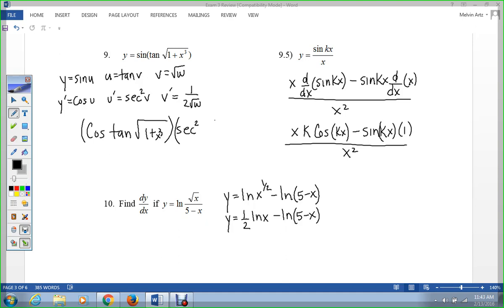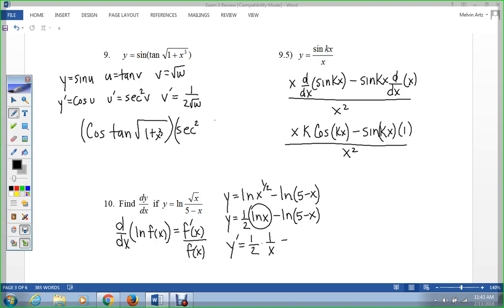Now when we take the derivative, y prime, the derivative of the natural log is just 1 over x. So we'd have 1/2 times 1 over x. And we know the derivative of the natural log of an f of x, we've gone through this process and we know that this is f prime of x all divided by f of x.